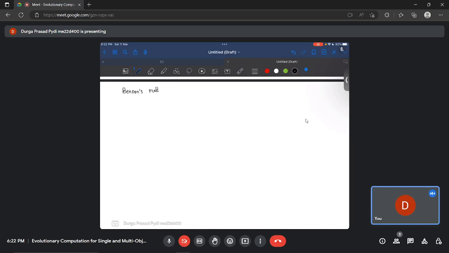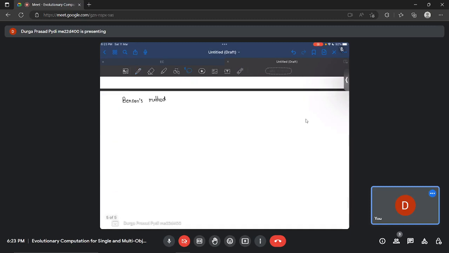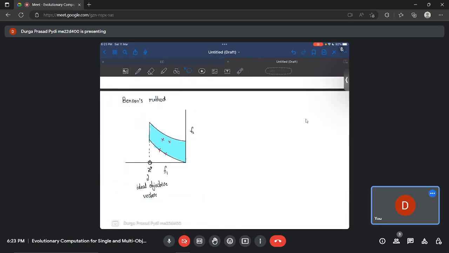That is Benson's method. It is similar to this particular approach, but different in one way. Instead of measuring distance from the ideal objective vector, we define a point inside the feasible region.